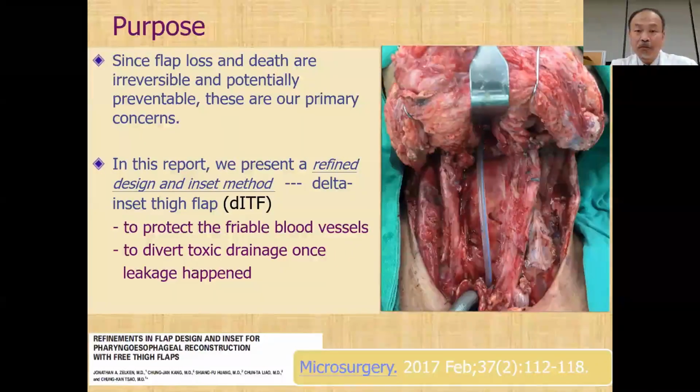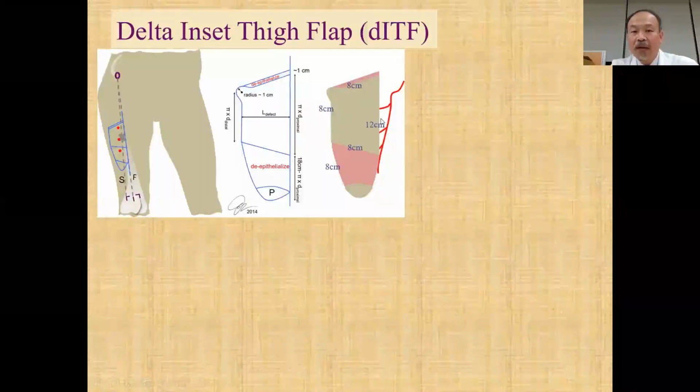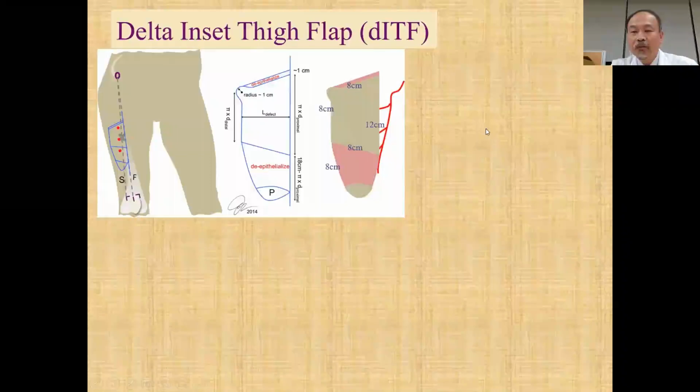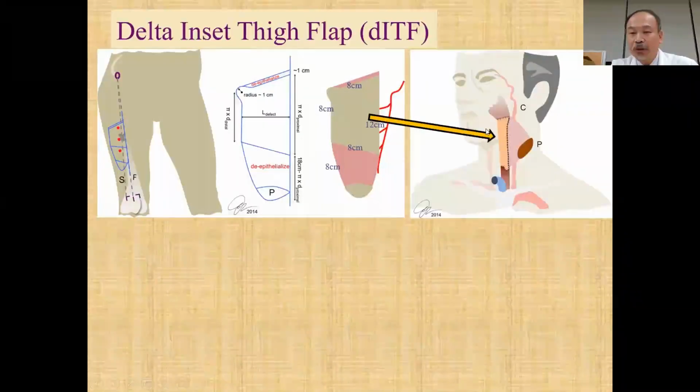In this report, we present a refined design and inset method to deal with this problem, to protect the friable blood vessels and to divert toxic drainage once leakage happens. Here is the delta inset side flap design. We use a trapezoid part, tube it, and bridge the esophageal defect. Additionally we use another trapezoid part, deepithelialized, to cover the major vessel.